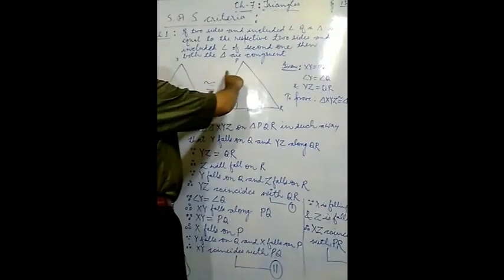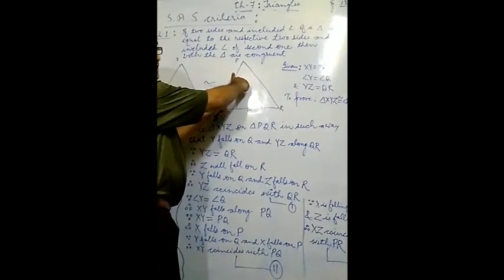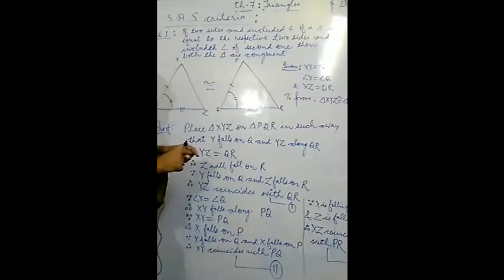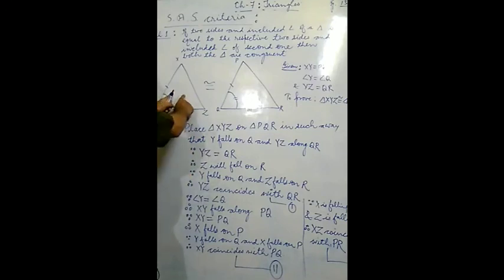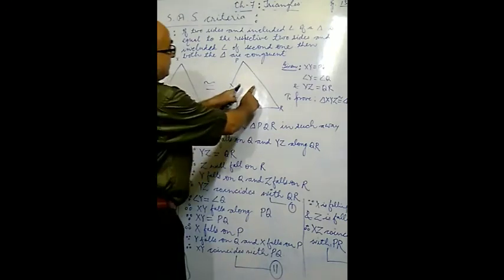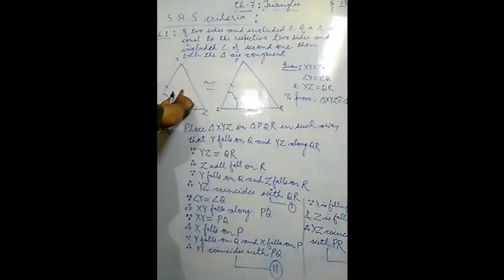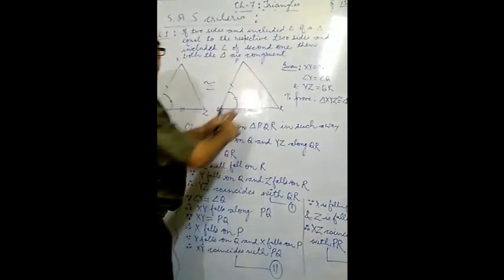This side is coinciding with this one, equation number 2. And this side is coinciding with this one. Means all three sides are coincided with respective sides. It means shape and size of this triangle is equal to shape and size of this triangle. Therefore, this triangle is congruent to this one.